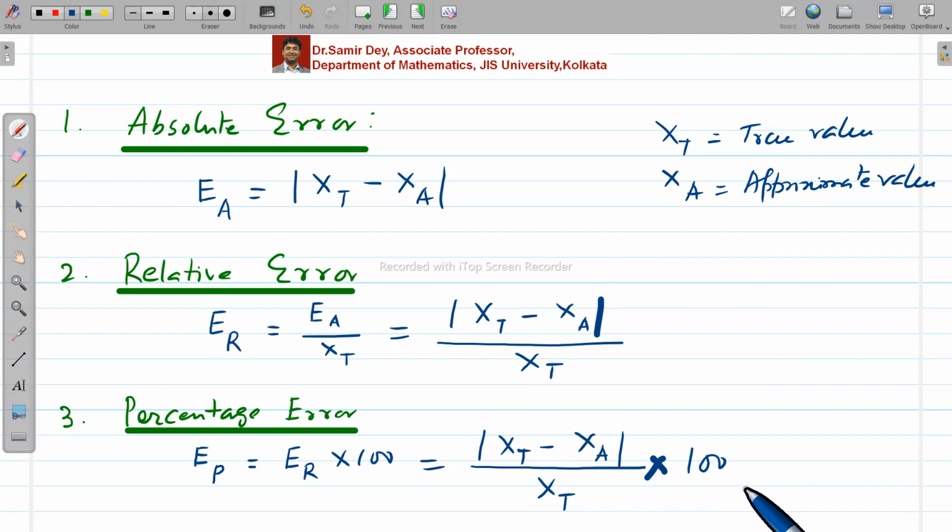Now I'm going to discuss some numerical examples. xt means the true value of the given data, and xa the approximate value of the given data. Clear?